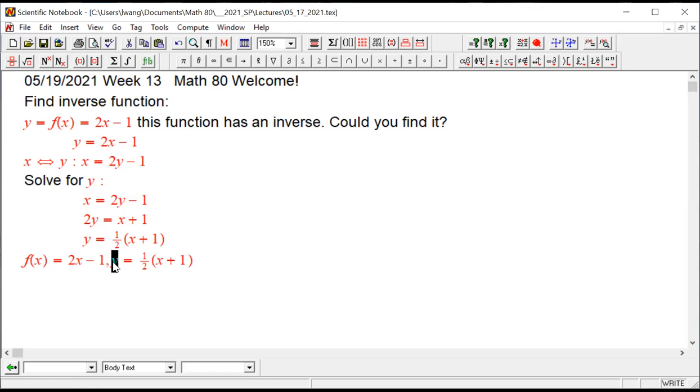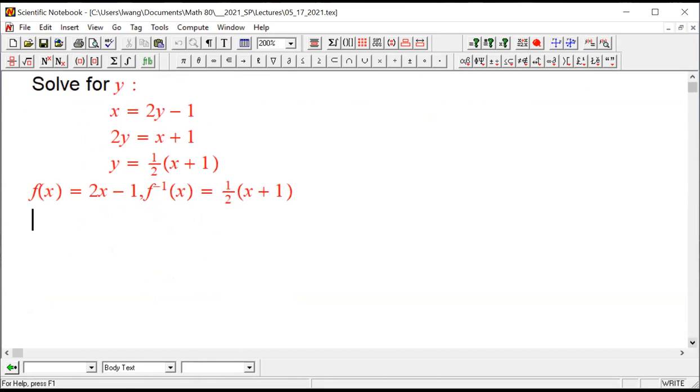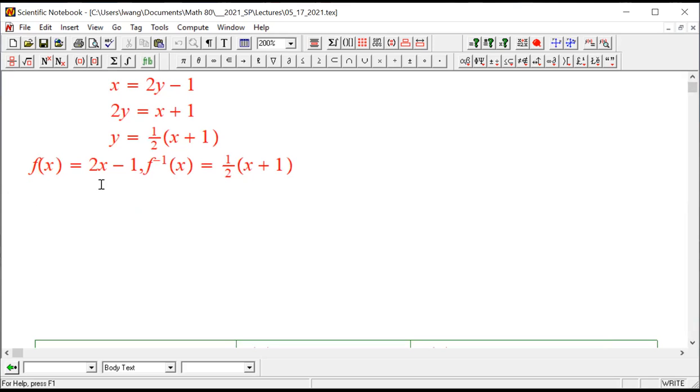We call it f inverse of x. So that's how we express a function and its inverse. This is the function and that's the inverse.